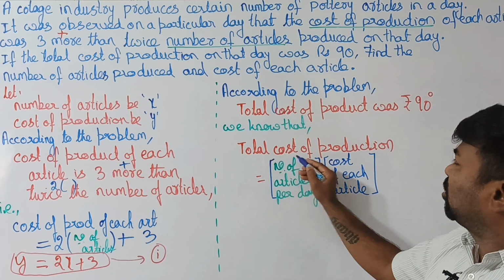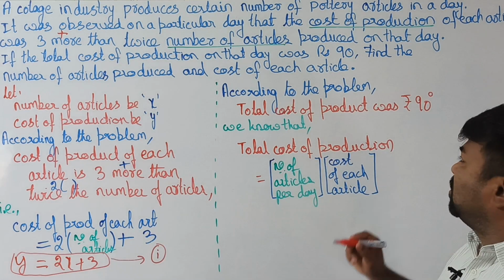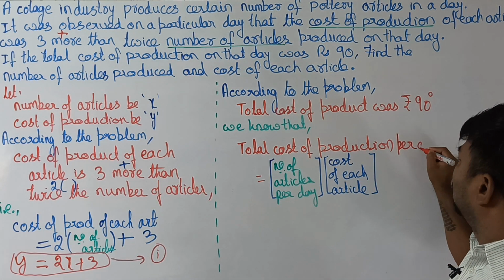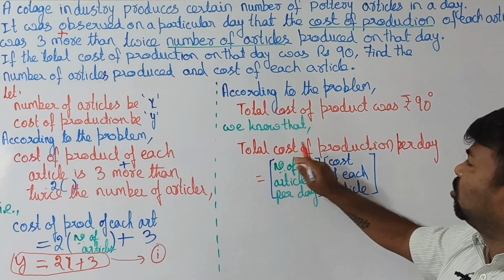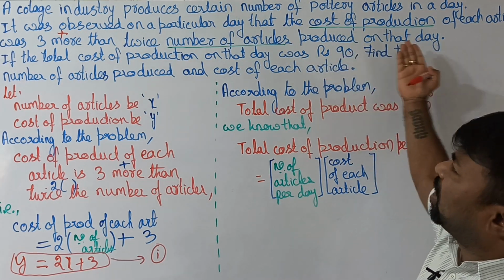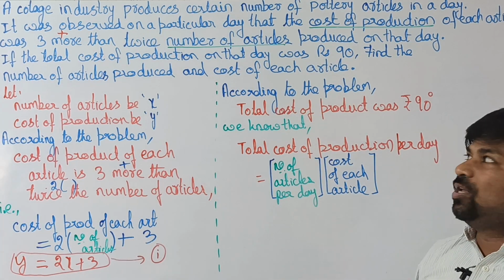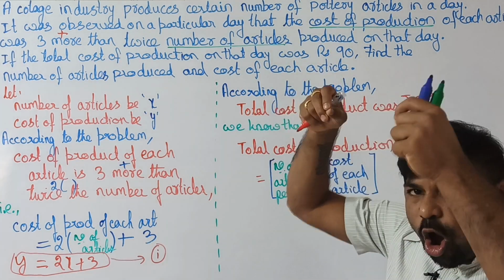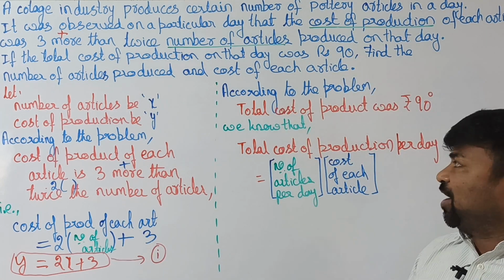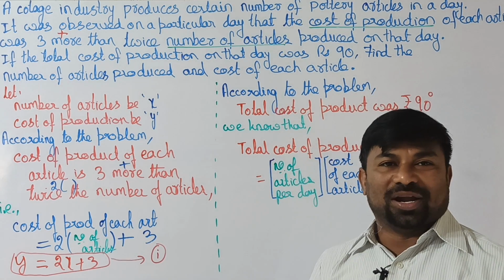Total cost of production per day. That's what he said: on that particular day, the total cost of production was 90 rupees. So this is the formula involved.